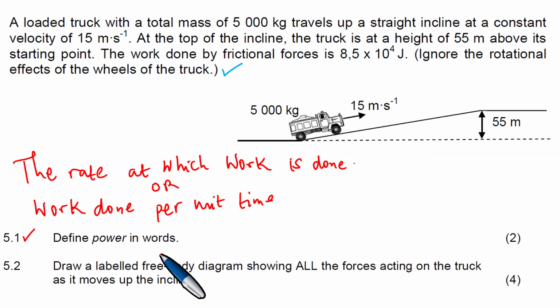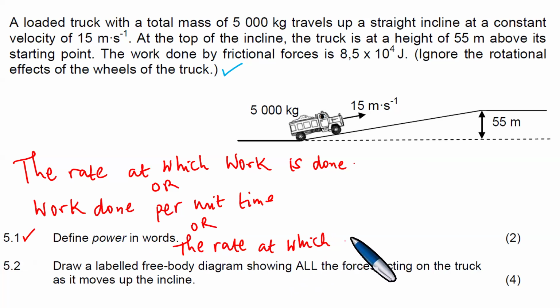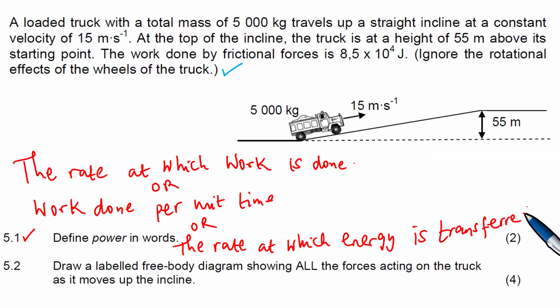If you don't want to say work done per unit time, you say the rate at which energy is transferred.